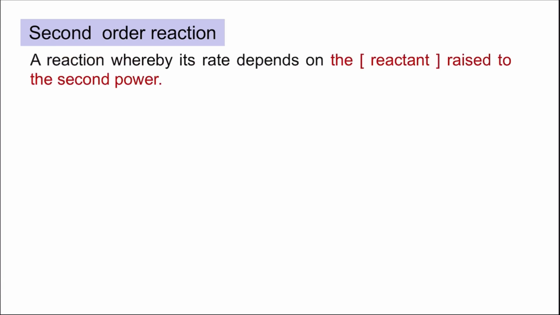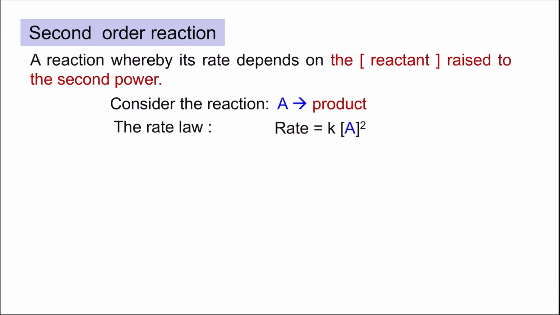And then, let's continue with the second order reaction pula. Kita ada this reaction which its rate depends on the concentration of reactant raised to the second power. Let's consider kalau kita ada rate law untuk second order reaction, rate equals to K concentration A square.